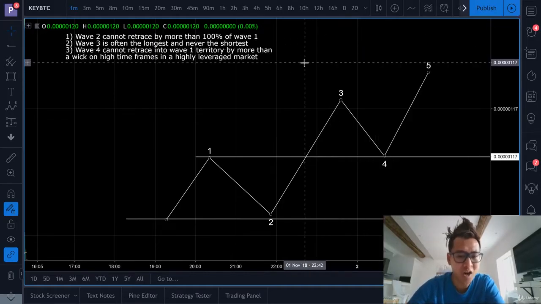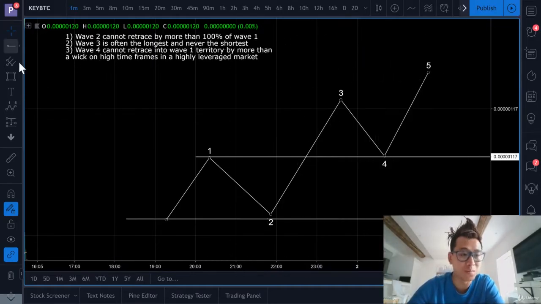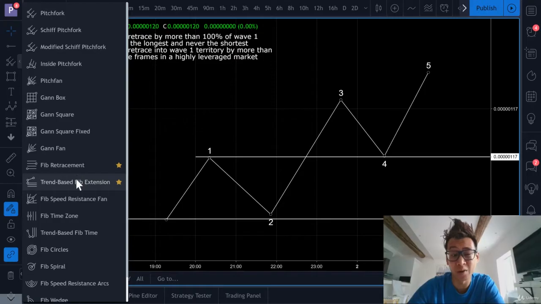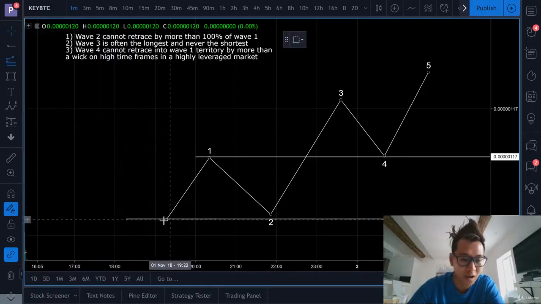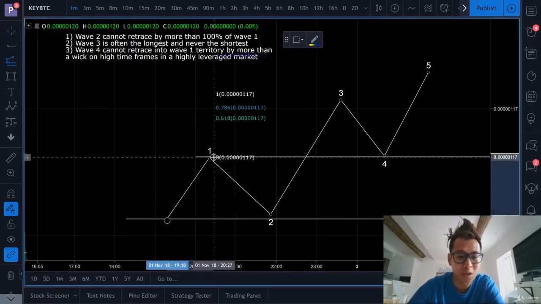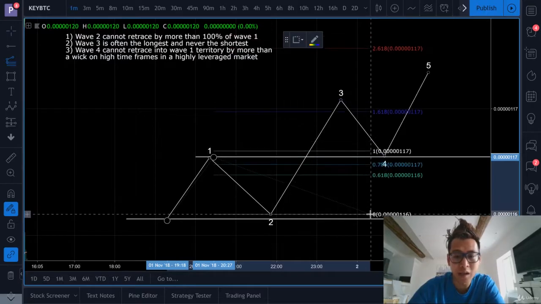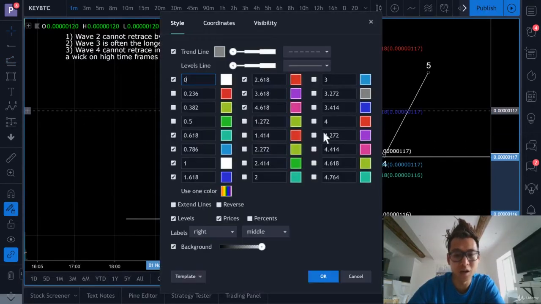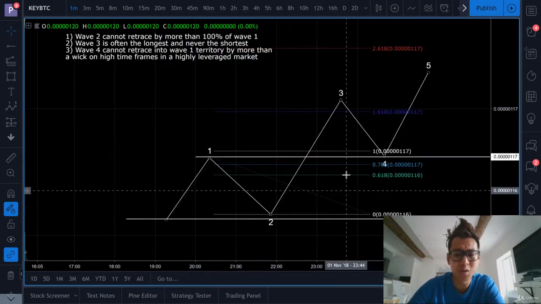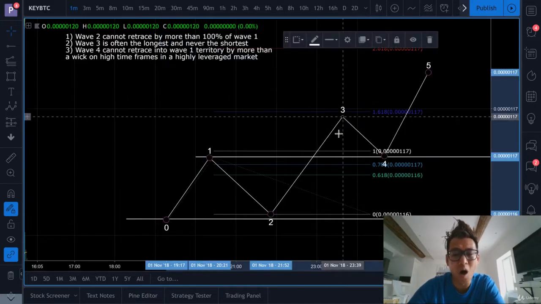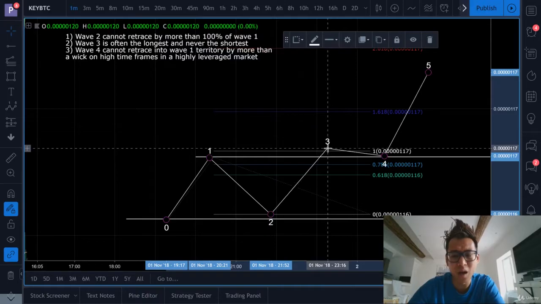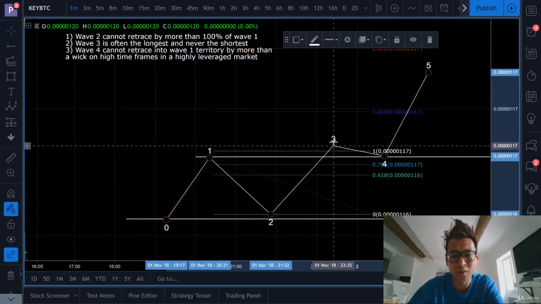So a general rule that I like to employ, and it's been working for a really long time, guys, so give it a shot, okay? Because wave 3 is often the longest and it's never the shortest, what I often do is this, okay? I assume that wave 3 will always be higher than wave 1, right?